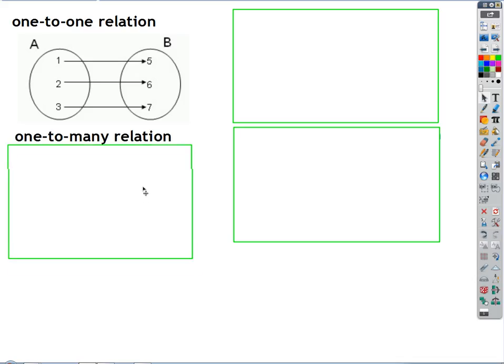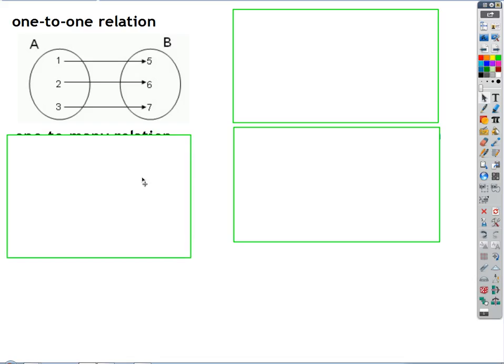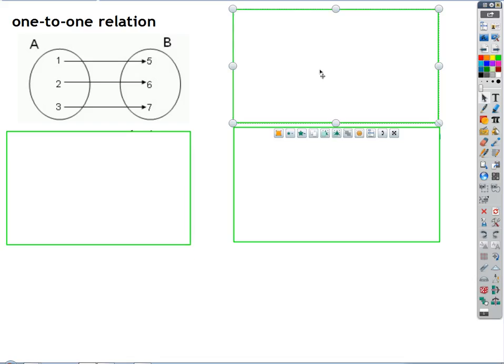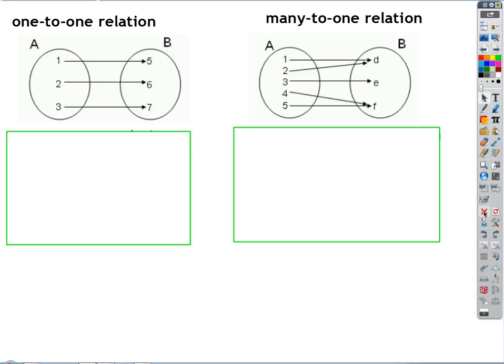This is called, let's do this one first. Okay, this is called a many-to-one relation. How come? Why is that many-to-one? Because two things go to one point.